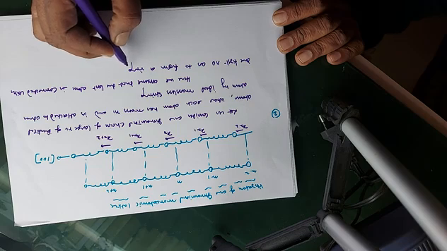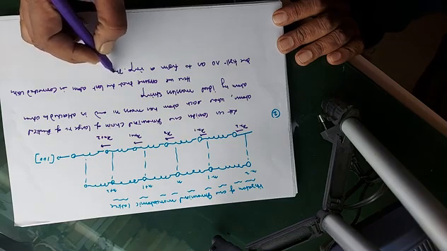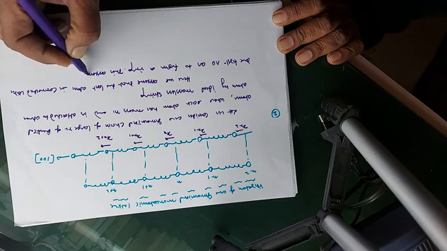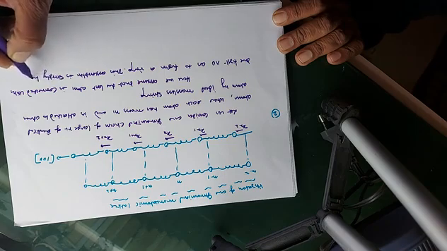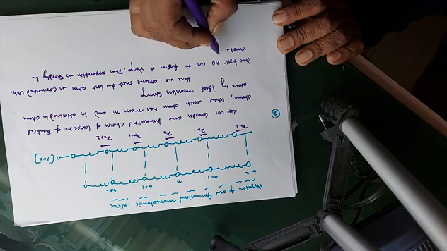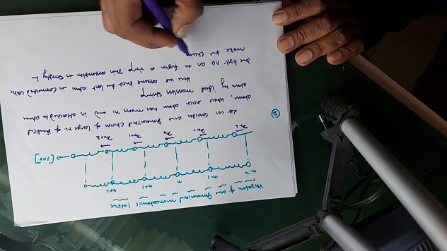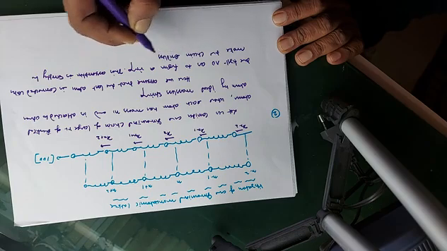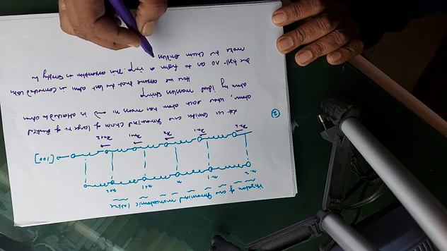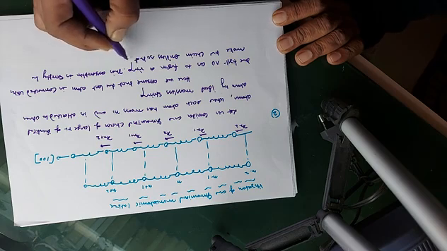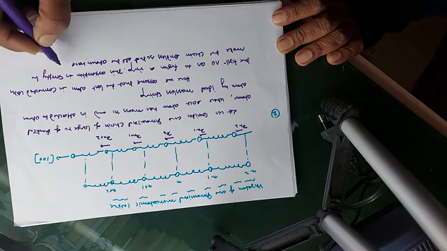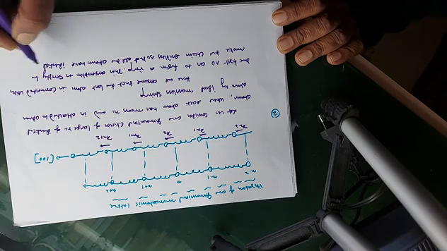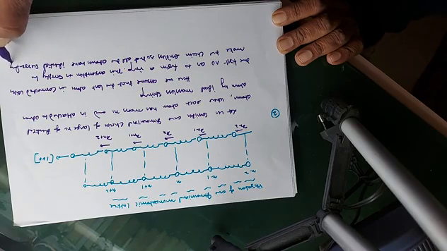This assumption is simply to make the chain endless, so that all the atoms have identical surroundings.